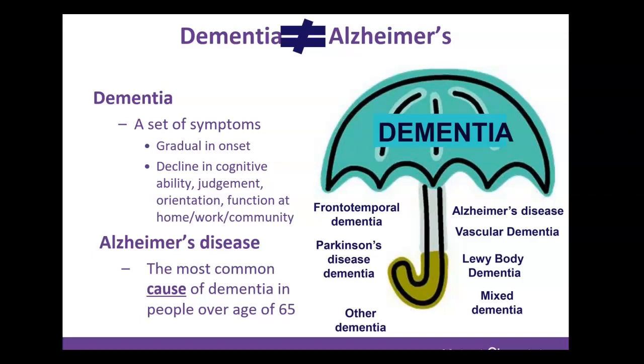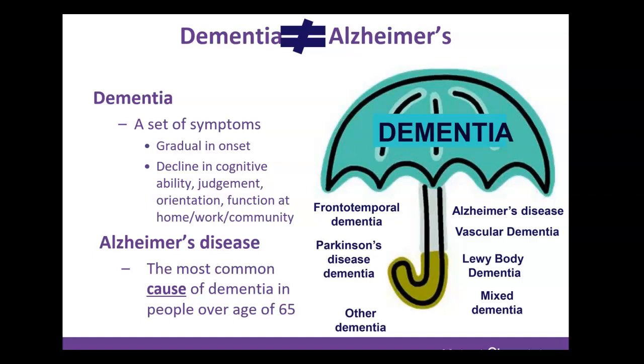I do want to take some time and talk about dementia and Alzheimer's disease. Dementia is more of an umbrella term that encompasses many diseases that impact the brain and or normal brain development. Dementia, as an umbrella condition, also includes Alzheimer's, vascular dementia, Lewy body dementia, mixed dementia, other types of dementia, Parkinson's disease, and frontotemporal dementia.